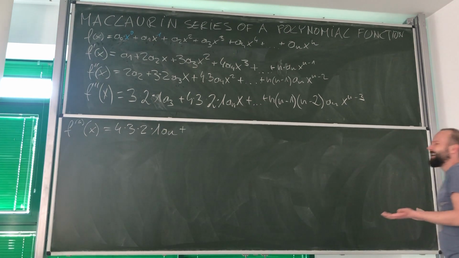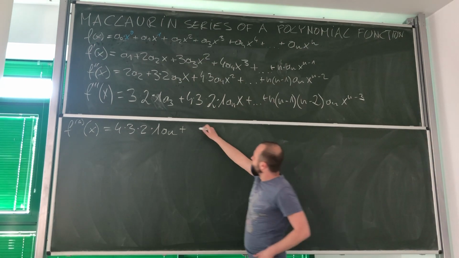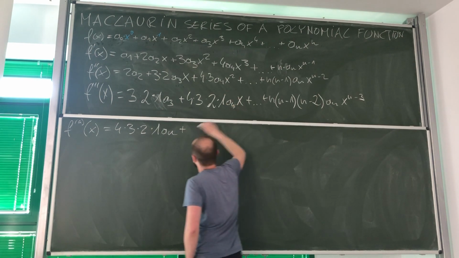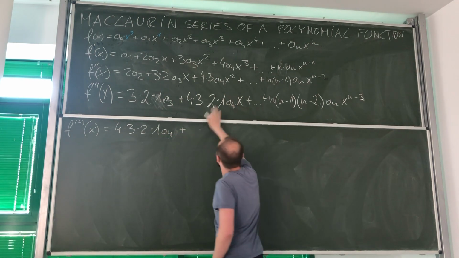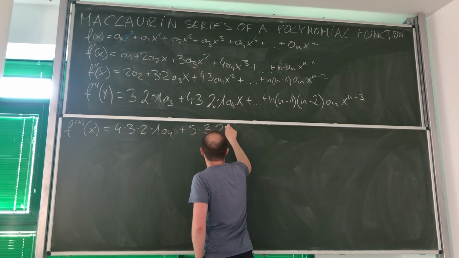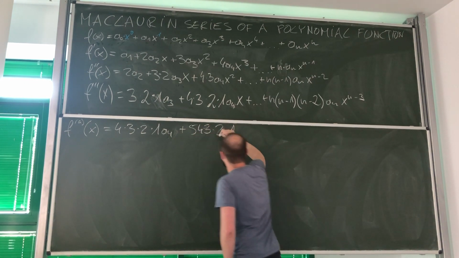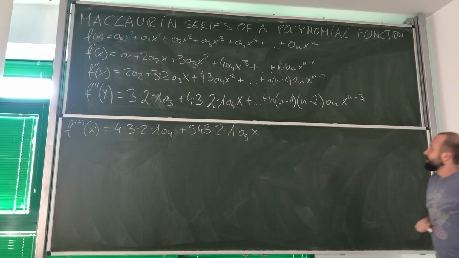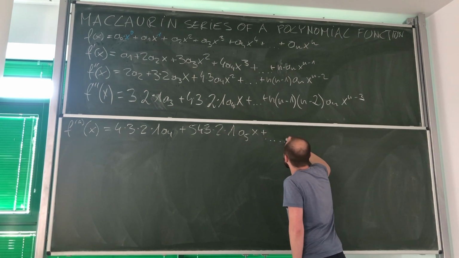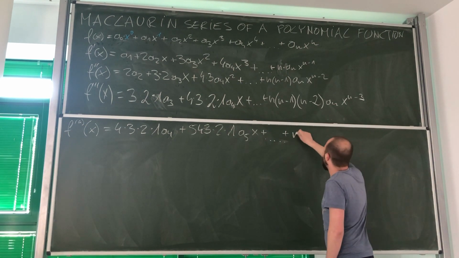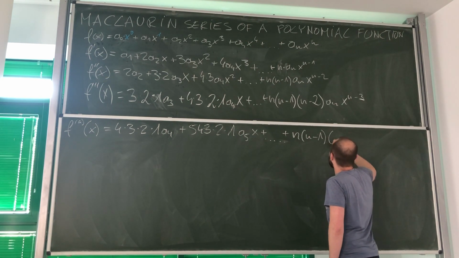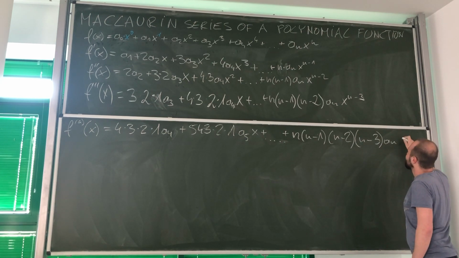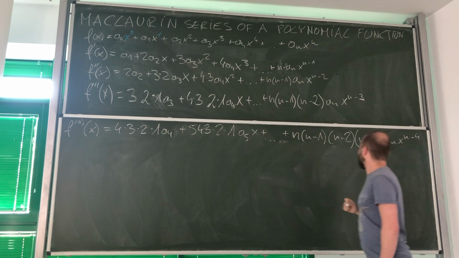It is kind of easy to get, right? This is, of course, this is 4. I'm sorry, I'm writing a horrible 4. And this would be 5 times 4 times 3 times 2 times 1 times a5 x, right? And then over here we would have n times (n minus 1) times (n minus 2) times (n minus 3) an x^(n minus 4).